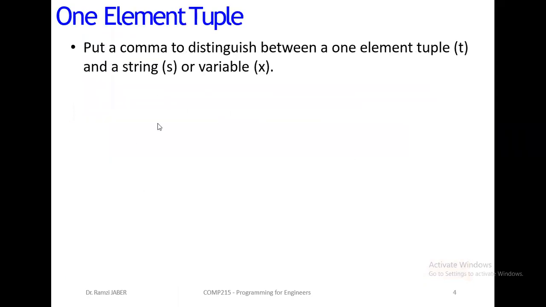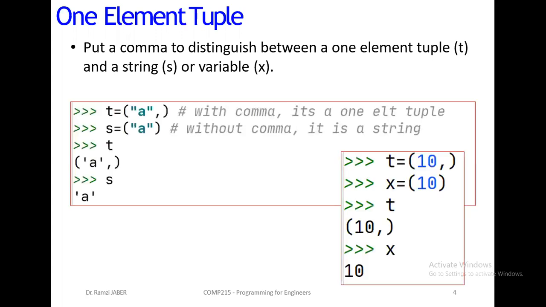If we have a one-element tuple, how can we define it? We must put a comma to distinguish between a one-element tuple and a string or a variable. Example here: t equals, between parentheses, element e, comma.